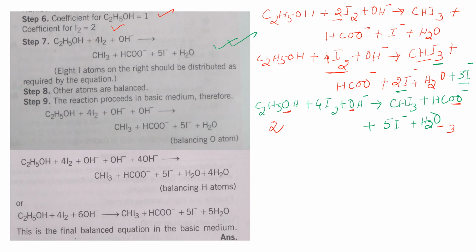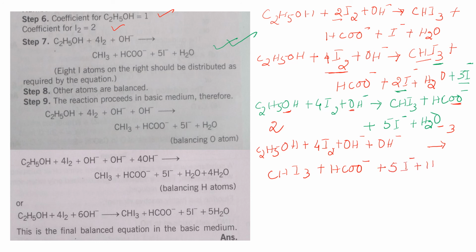So let me just do it. C2H5OH plus 4I2 plus OH minus plus 1 more OH minus is giving you CHI3 plus HCOO minus plus 5I minus plus H2O.